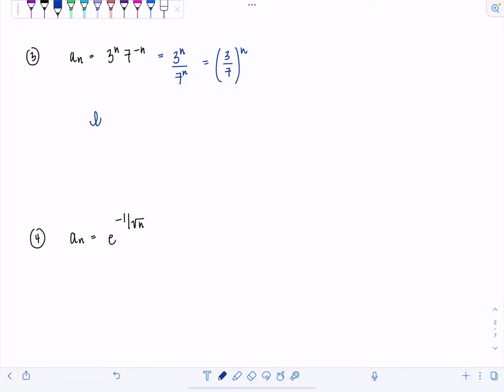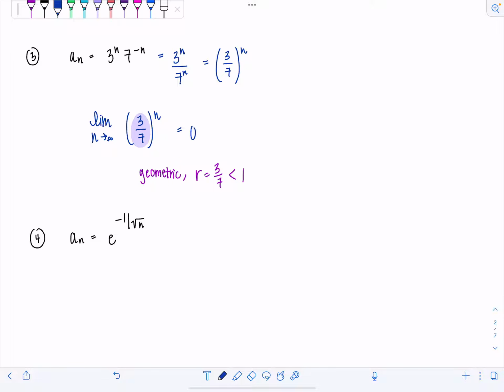Now let's take the limit as n approaches infinity of (3/7) to the n. This limit, hopefully you're familiar with it. This is a geometric sequence, and the common ratio, r, is equal to 3/7, which is less than 1. So this limit is going to be 0.